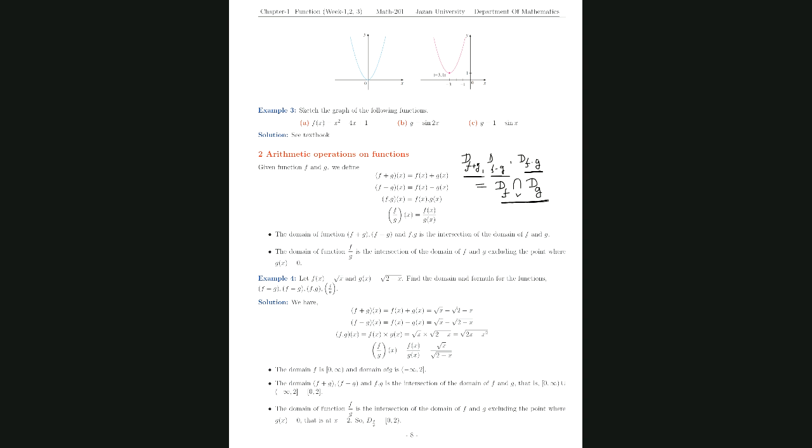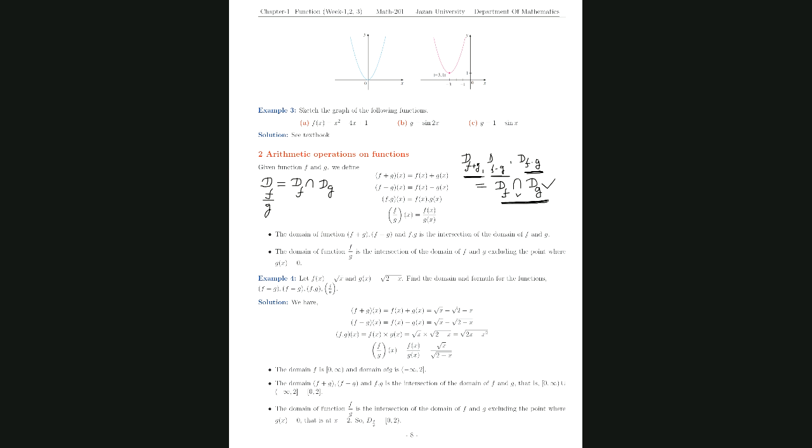Domain of f intersect domain of g. Okay, and that is the domain of f plus g, f minus g, and f times g. The three domains are the same. This one: domain of f intersect domain of g. Right? Now look. Domain of f over g is a little different. The rule is the same: domain of f intersect domain of g.